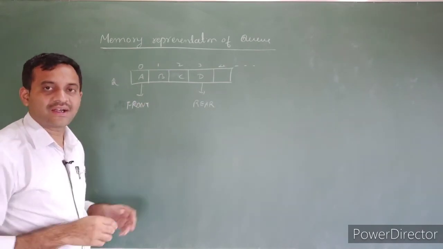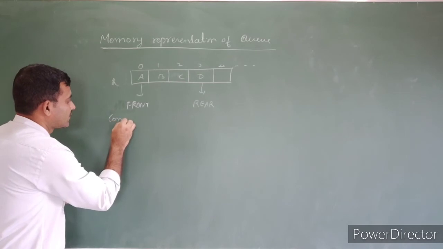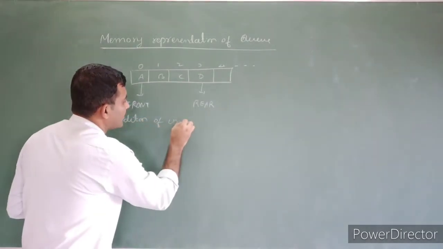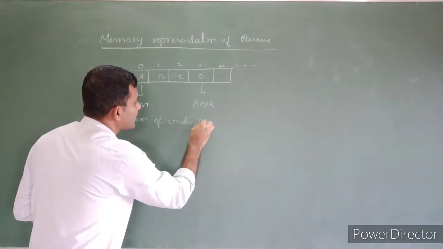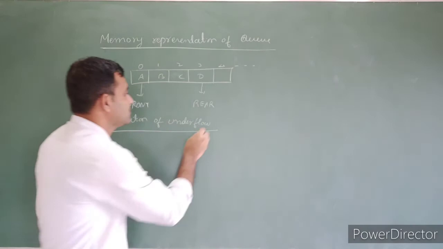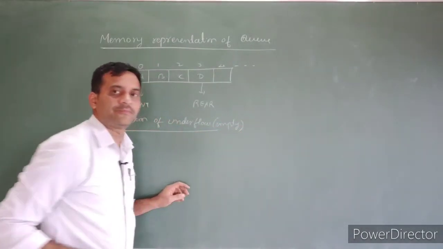Let's then write the condition for underflow. What is the meaning of underflow? Underflow means there is no element in the queue, that is, it is empty.